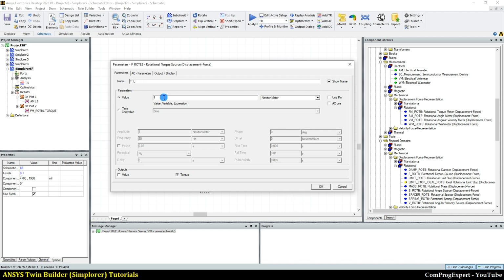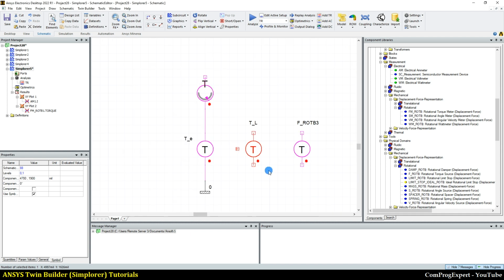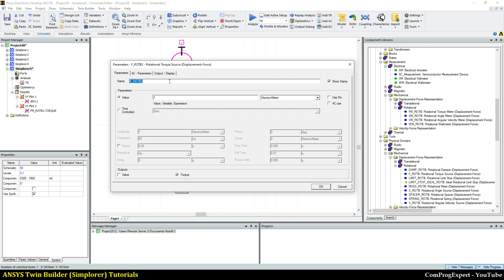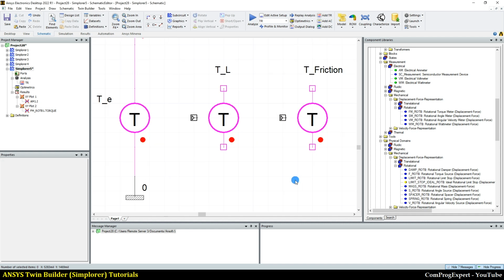Its value is a function of the speed, so I should use a pin to set the value of torque here, and this is the friction torque T friction. Also I am going to use pin.